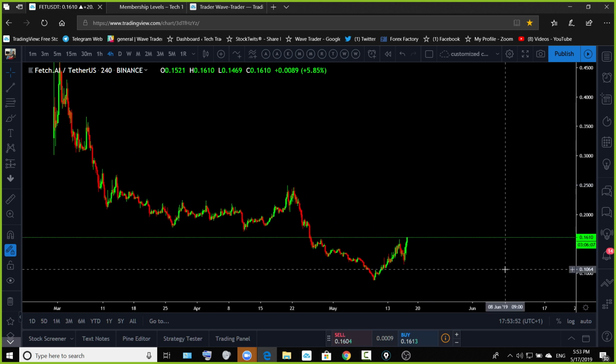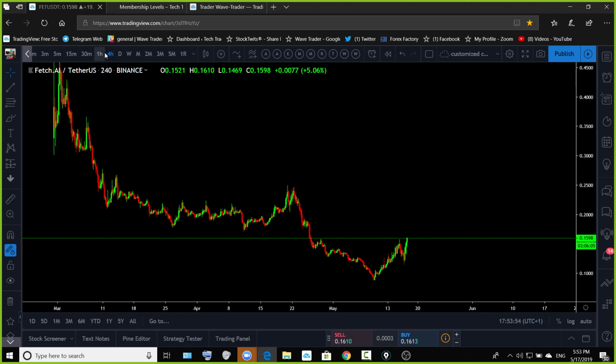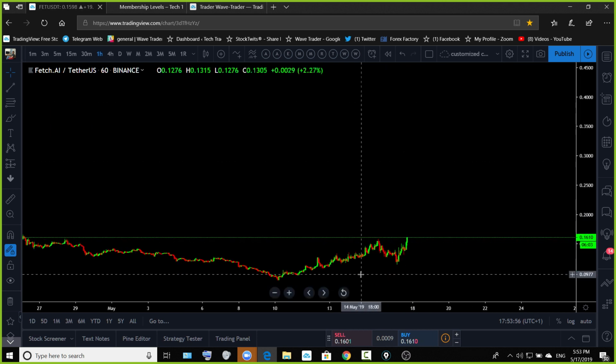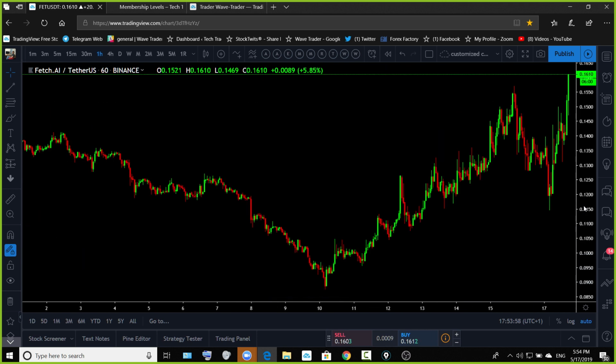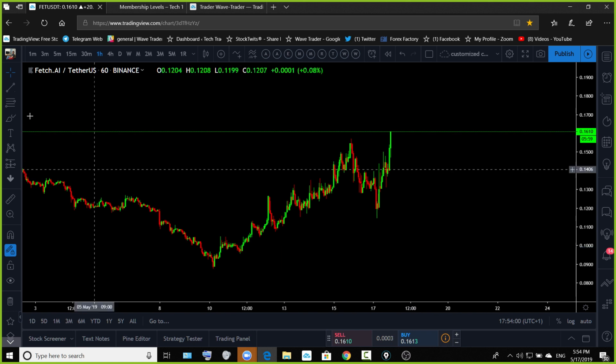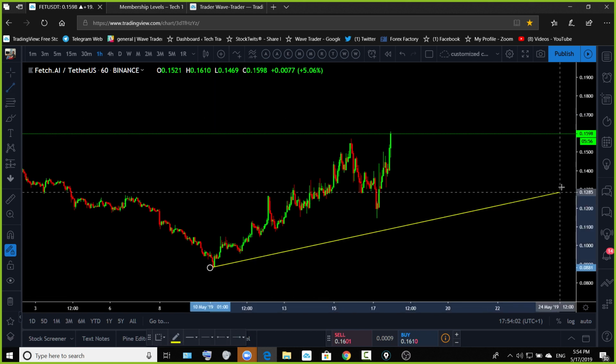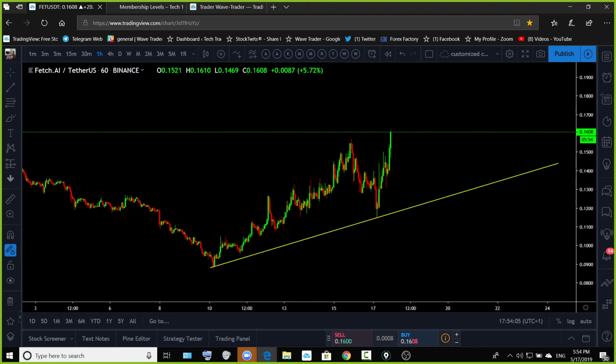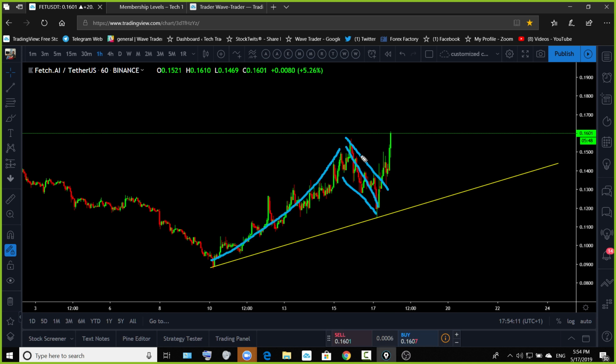Yes, similar to the way I have shown you the ADA, the Cardano chart, you see that a similar trend is appearing over there. The move appeared and corrected. Now price is trying to form another up leg, trying to continue the trend.